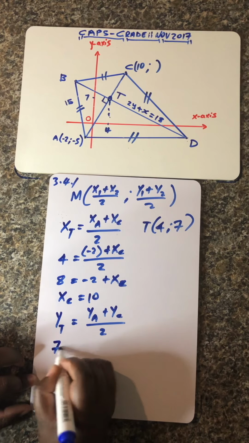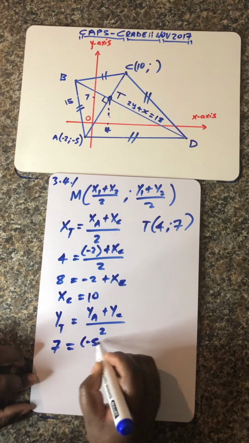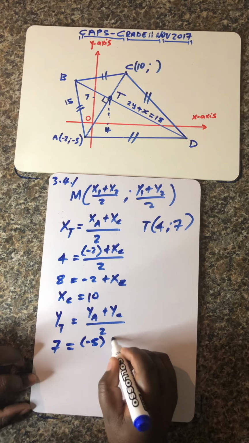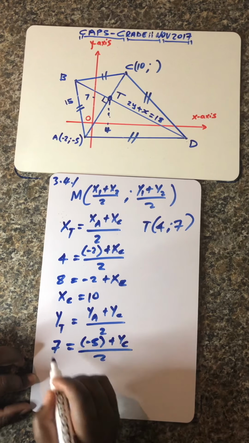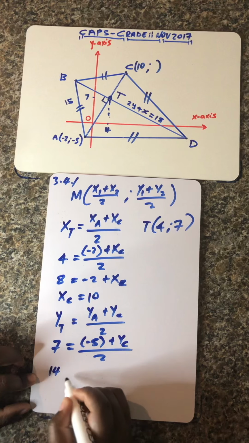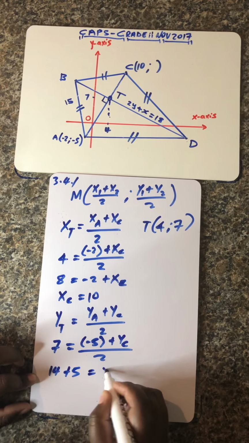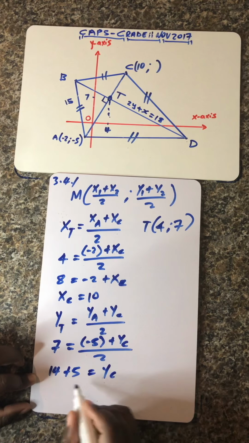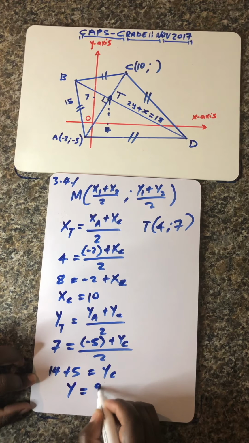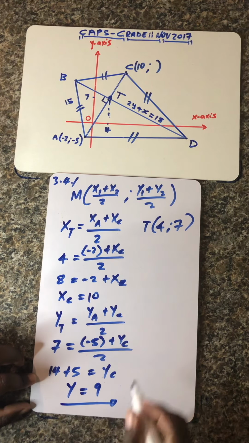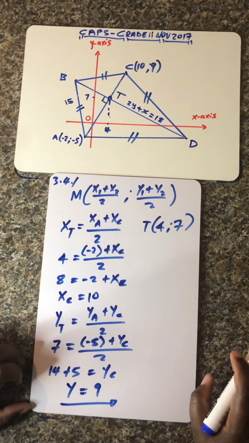So 7 equals the y at A, remember to substitute it in brackets, plus the y at C, over 2. You multiply, it's 14. You move it to the other side, it becomes positive. So this plus that equals 9. So that means y at C is equal to 9.